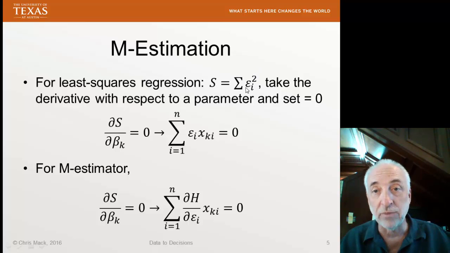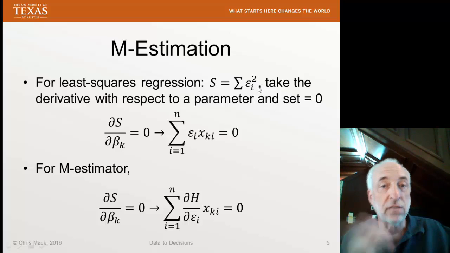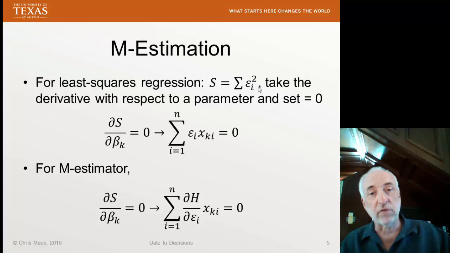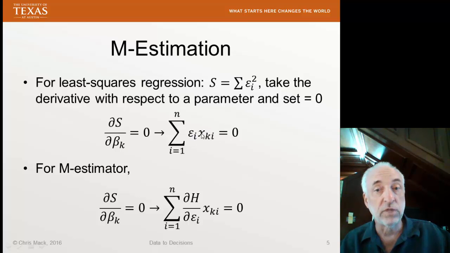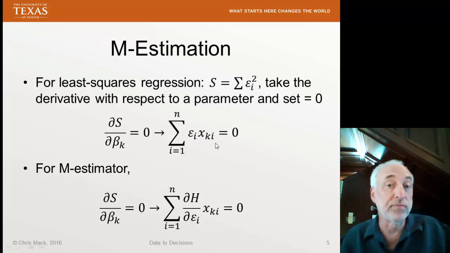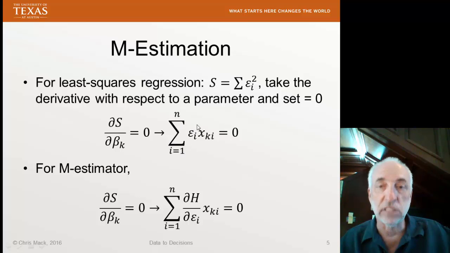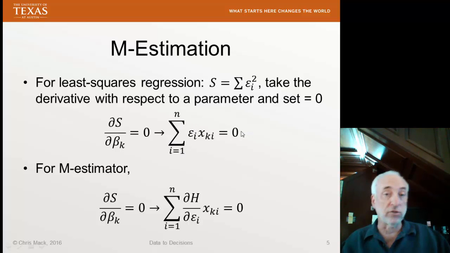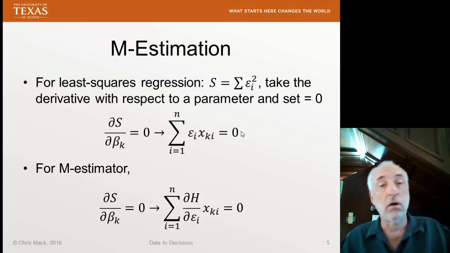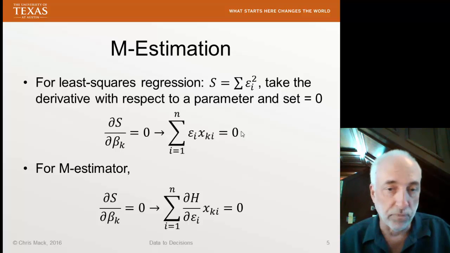We're going to get 2 times the residual multiplied by the derivative of the residual. And since it's a linear regression, the derivative with respect to that coefficient is simply going to give us the value of that predictor variable. So I take the residual multiplied by the value of the predictor variable, sum over all the data points, set that equal to 0, and solve. I do that for every single parameter, and I solve the simultaneous equations. Right? That's how we do ordinary least squares.